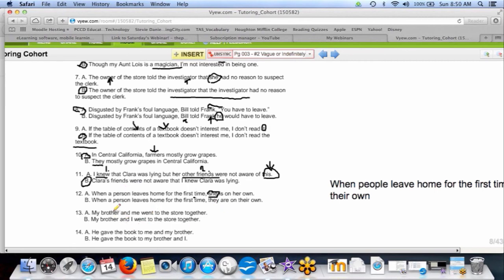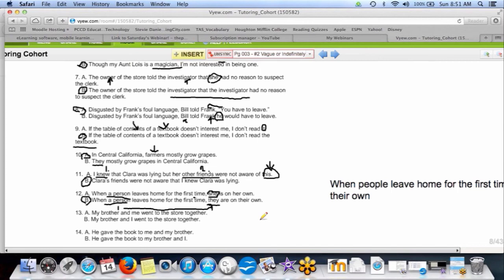I meant to do B here. The problem is B because of the pronoun "they." "They" is the wrong pronoun because we're talking about a person. How many people are a person? One. So if you have one person here as a subject, you can't have "they" as the pronoun because it's more than one person.